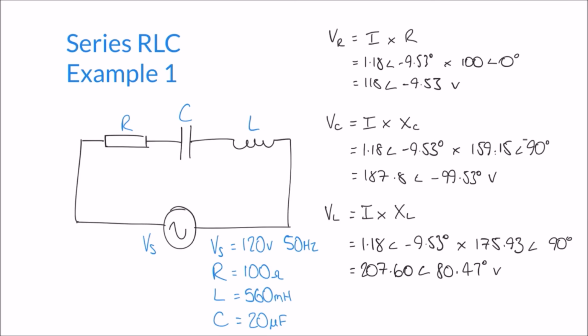And so these two in total will somewhat cancel out and will leave us with a total of what we originally set out with, our supply voltage. But when measured individually, we can actually get some very high voltages.